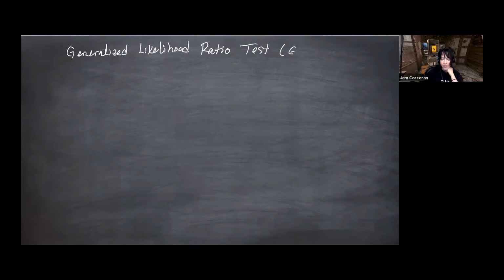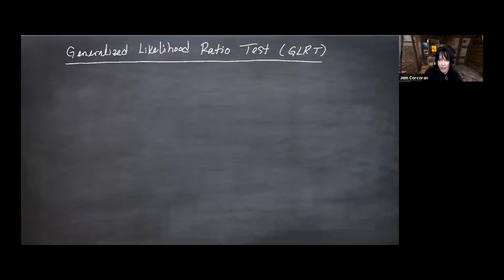I've said it a few times now, this is to the UMP test as the MLE is to the UMVU. UMVU is best, but hard to find, doesn't always exist. And in real life, you're probably going to use a GLERT. In real life, you're probably going to estimate with an MLE.